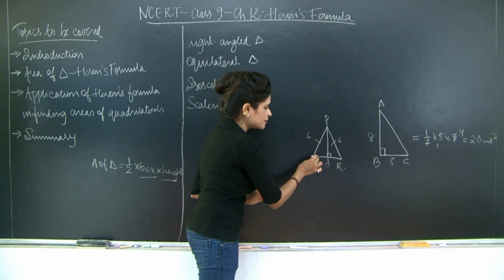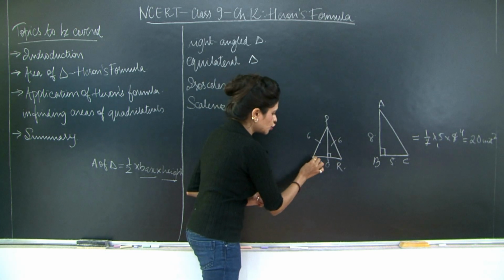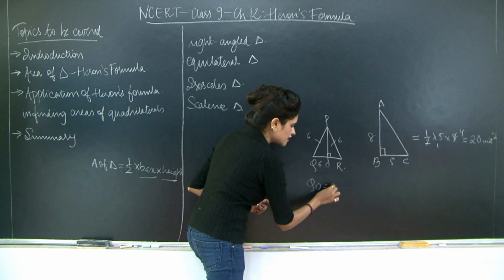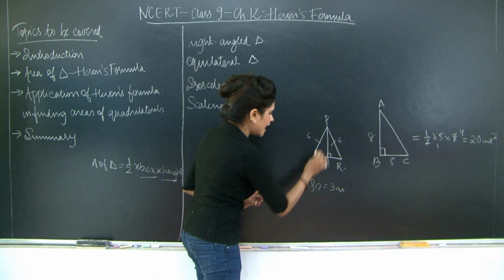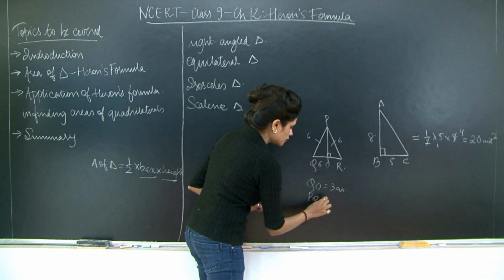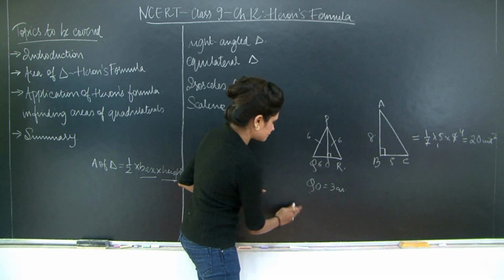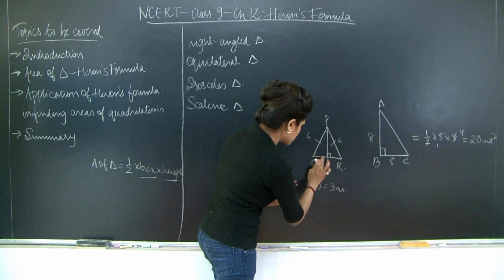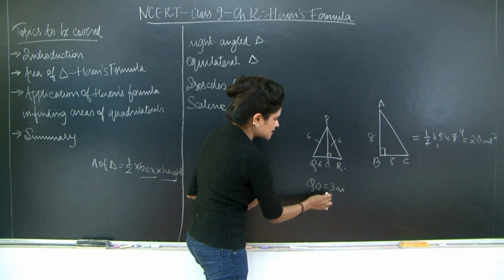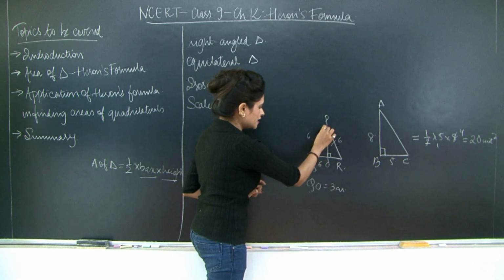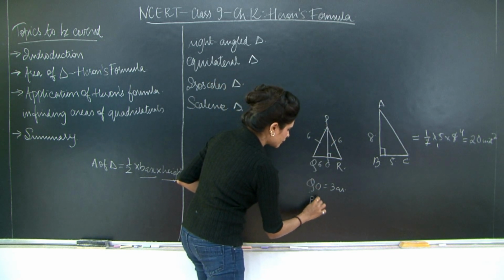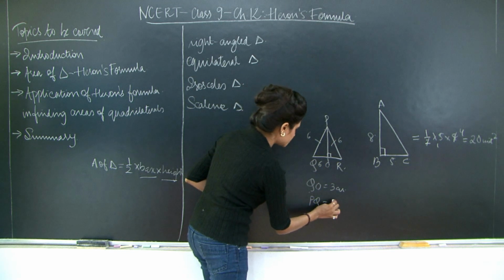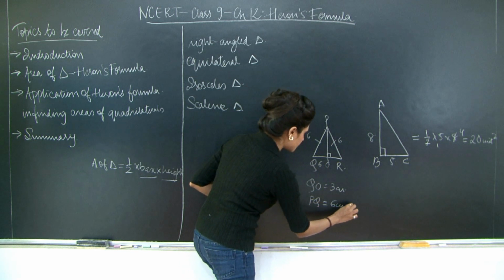That means O is the midpoint of QR. So QO is going to be 3 centimeters, that is half of QR because O is the midpoint. So you have QO as 3 centimeters and you have this side PQ is equal to 6 centimeters.